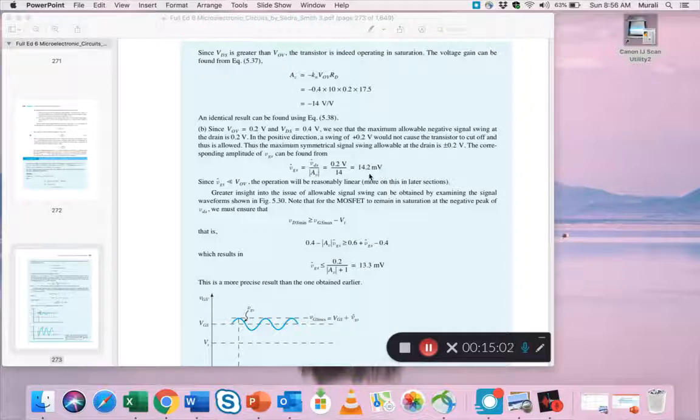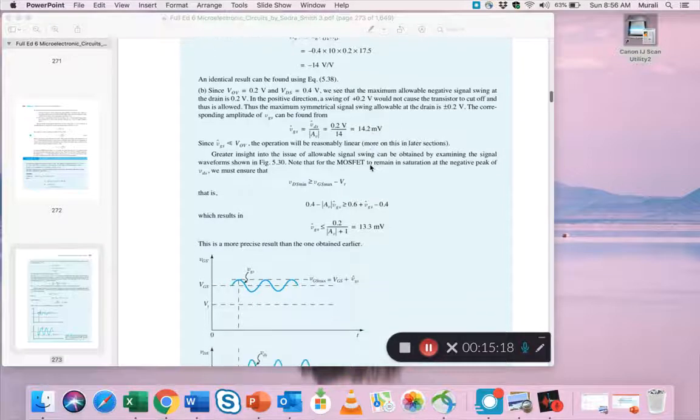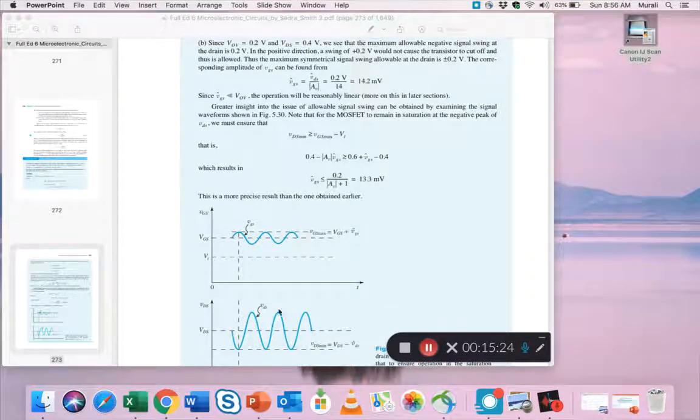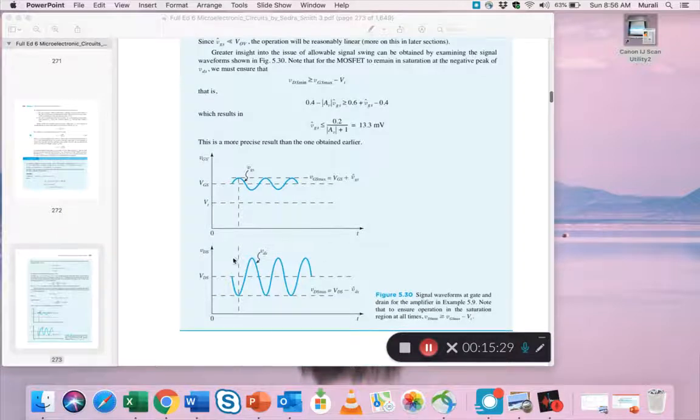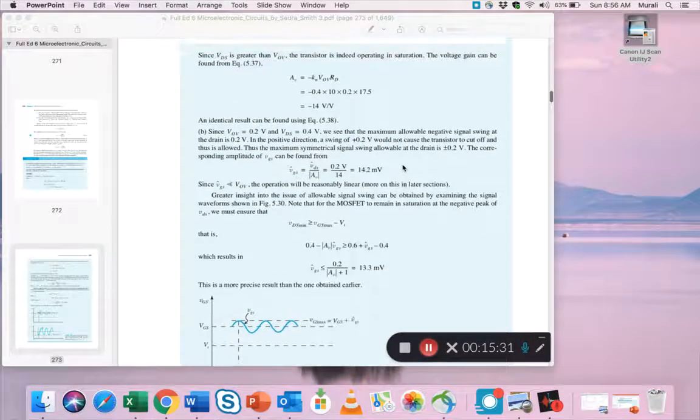Basically for a 14.2 millivolt swing, you get a 200 millivolt swing on the output side, because of the gain, 14 times gain, right? So that solves the problem. You can easily put the values here and see what the input and the output are, and they have to be out of phase by 180 degrees.